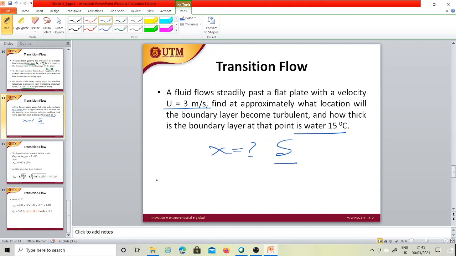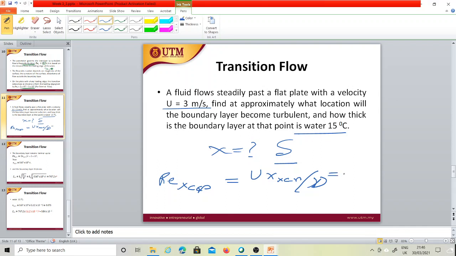So in this case, you need to find the Reynolds number. You already know the Reynolds number. If you want to find the critical value of x, we use it because it defines the transition point. So Re critical is u times x critical divided by mu. It means we have rho by mu, that is nu.